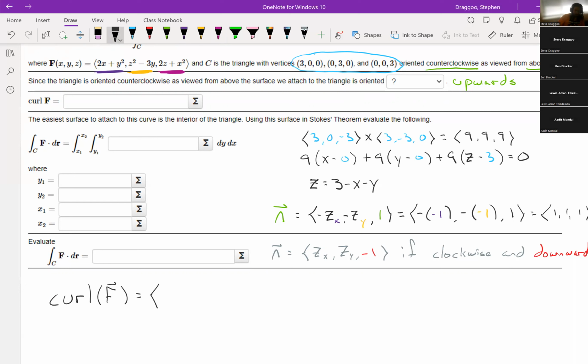So my curl should be magenta partial y, which is 0, minus yellow partial z, which is 2z. Then up next, I'm going to want purple partial z, which is 0, minus magenta partial x.